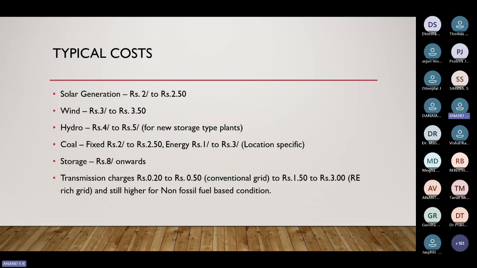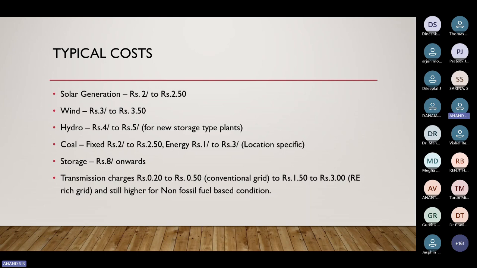And wind again is costing something around 3 to 3.5, but it is justified compared to solar, because wind is available even during peak hours to some extent, and night of peak hours also to a small extent, but it is available.